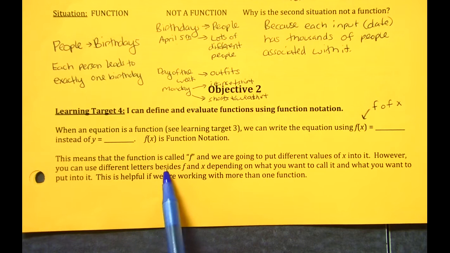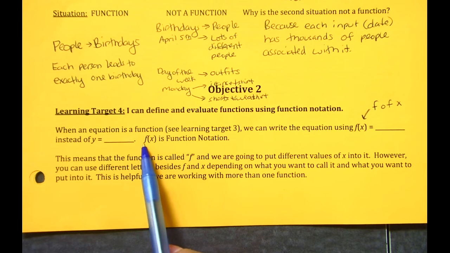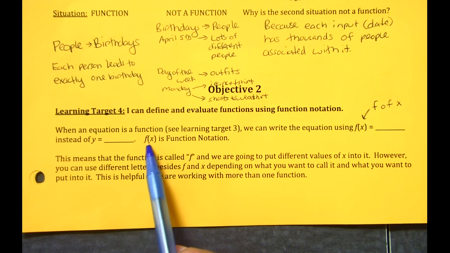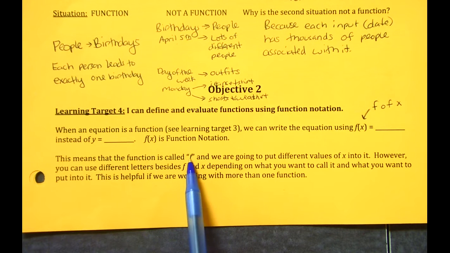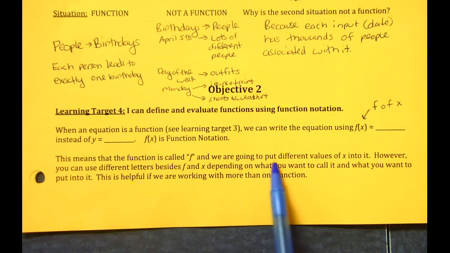This means that the function is called f. So this could actually be any letter. It could be an F, it could be a G. Sometimes people pick a letter here that is based on what the equation is about. For example, if your equation is about the cost of something, maybe you would have C of x instead of f of x. So f is the name of the function, and the x tells you what you're going to put values into it for.